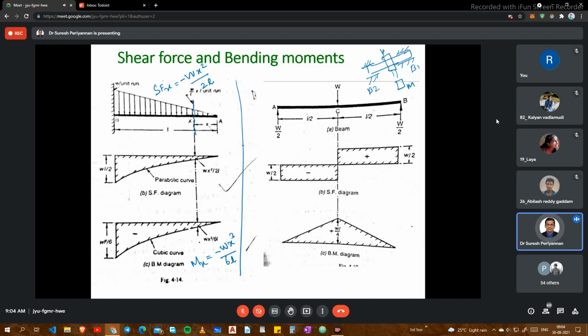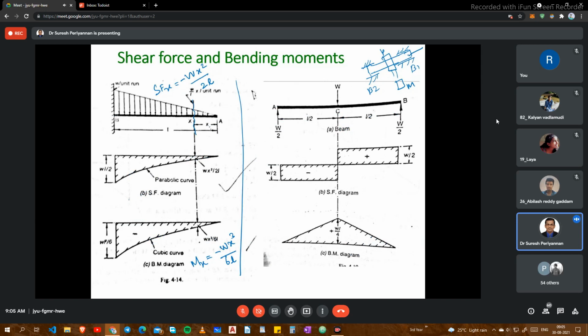Now what type of deflection is this? It looks like the simply supported beam concept. That concept we are going to use to find out the maximum deflection, where the maximum shear force and maximum bending moment are. Based on that we are going to define the dimensions of this shaft.